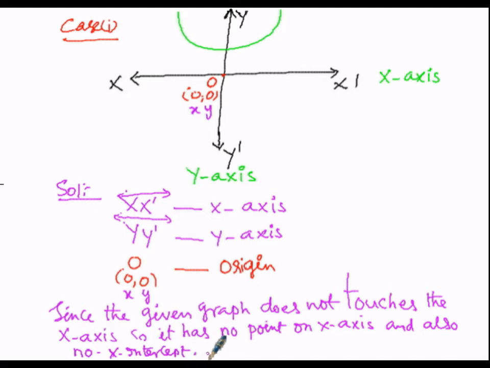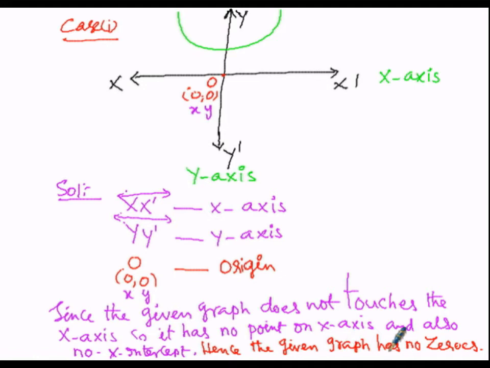Hence the given graph has no zeros, or in other words, the given function has no zeros.